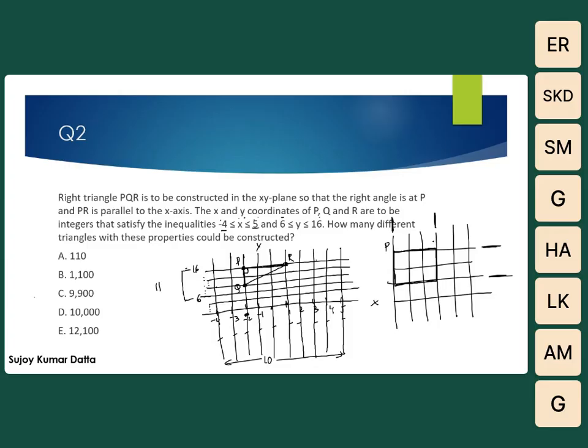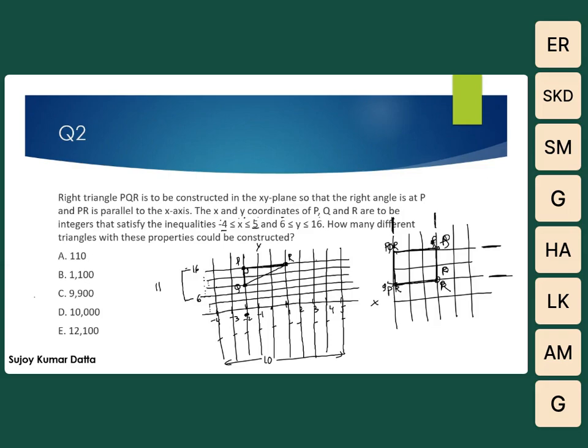If P is here, then Q and R could be there. If P is there, then R is here and Q is there. If P is here, then R could be on that side and Q would be on top. If P is there, then R would be on this side and Q would be on top. So I can choose any of the four corners to be my P and get four different triangles.